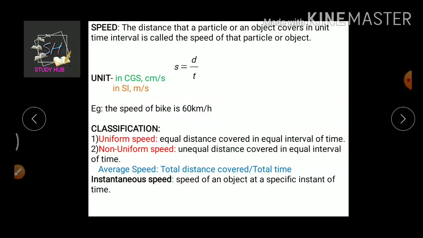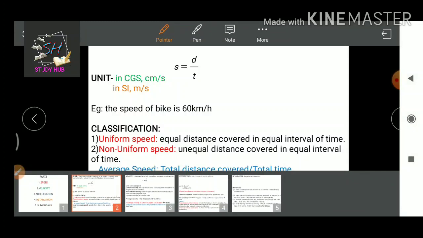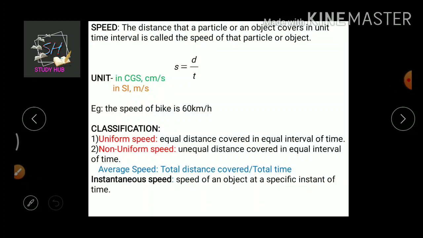Now the opposite is non-uniform speed. That means unequal distance covered in equal interval of time. That means suppose in first 1 second the particle cover 2 meter distance.